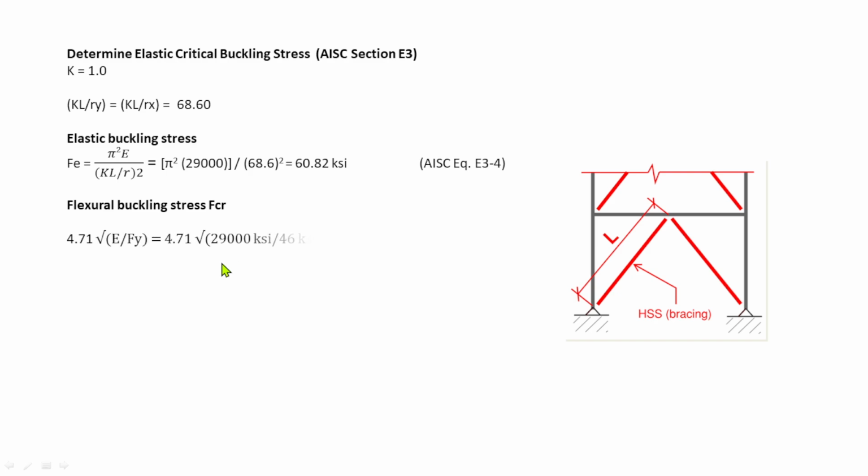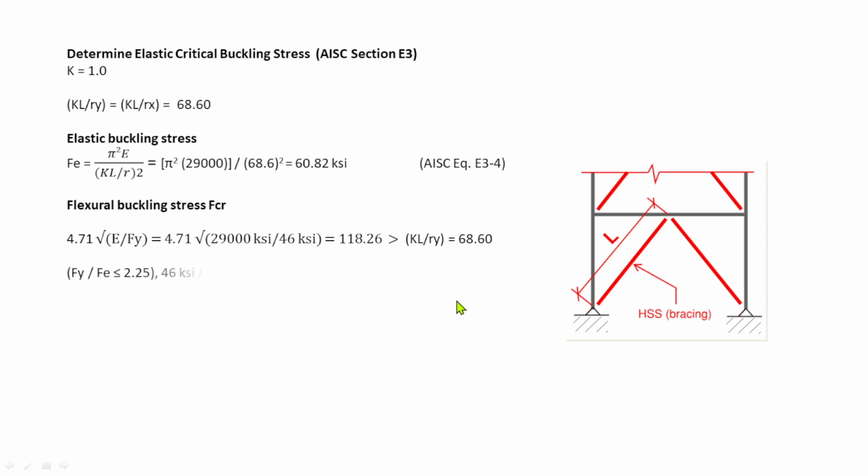The criteria for that is 4.71 square root of E over Fy, as we have seen in the table from the AISC manual, which is 4.71 square root of 29,000 over 46 ksi, equal to 118.26. As you can see, this is greater than the KL over r of 68.6.